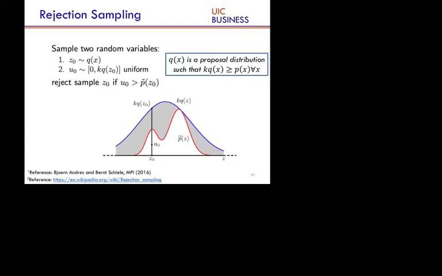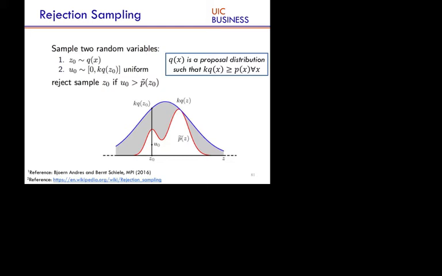We're going to scale it by a factor k, such that it is always greater than p of x for all values of x, or in this case z. It doesn't matter. But what I'm saying is you come up with a blue curve which is going to be greater than the red curve. So you find the q of z.